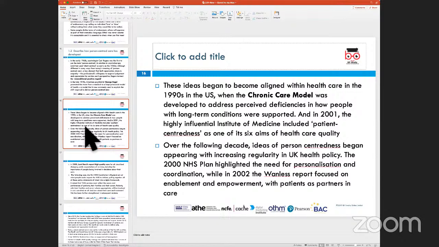This was further elaborated and taken forward by the chronic care model, the CCM model, which was developed in the US in the early 1990s.